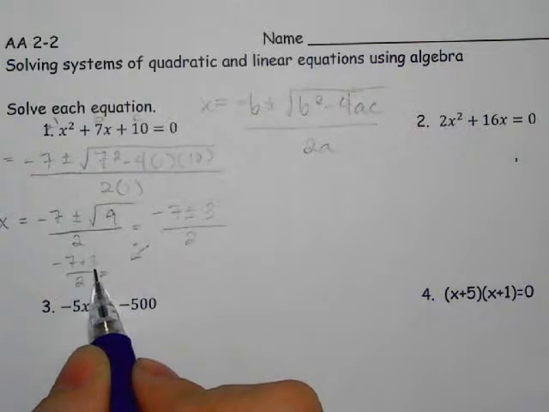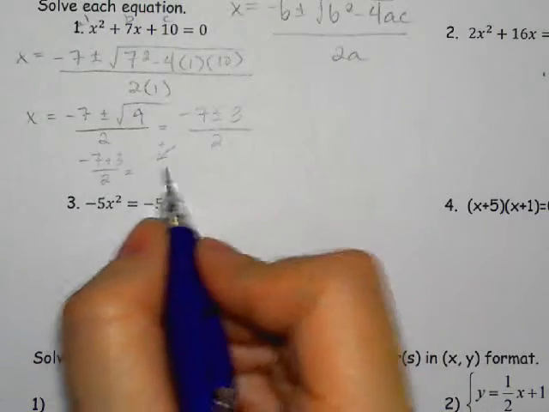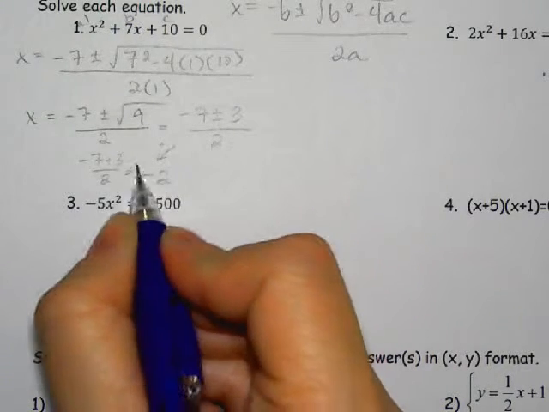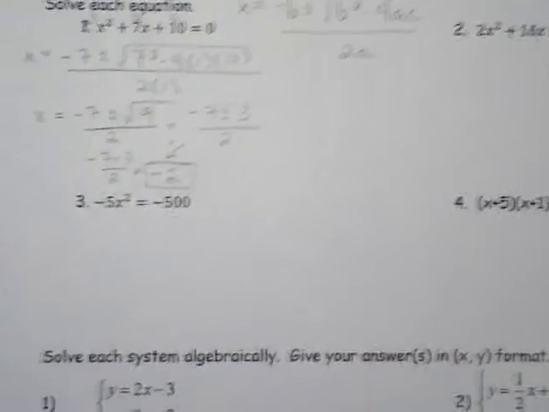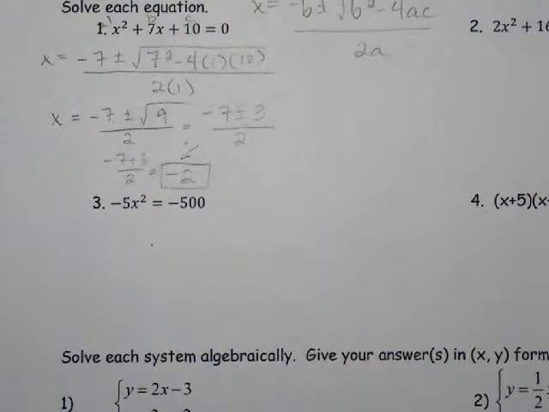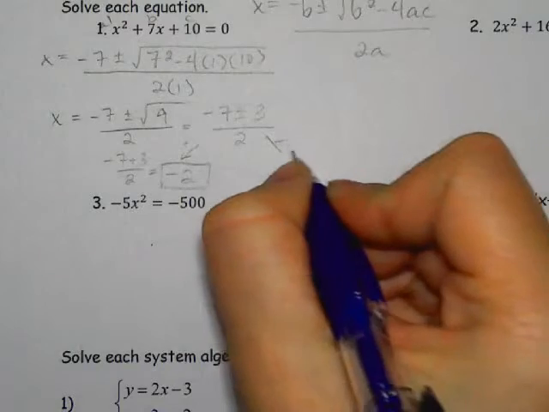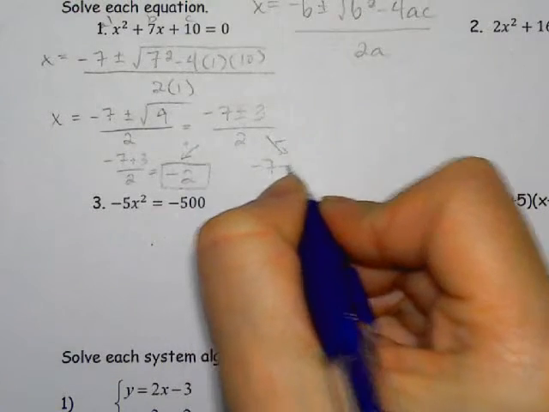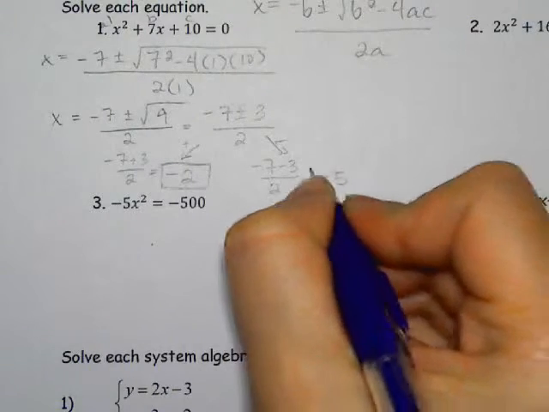Negative 7 plus 3 is negative 4, divided by 2 is negative 2. That's one of my answers. The other answer is the minus part of that. So negative 7 minus 3 is negative 10. Divided by 2 is going to give us negative 5.